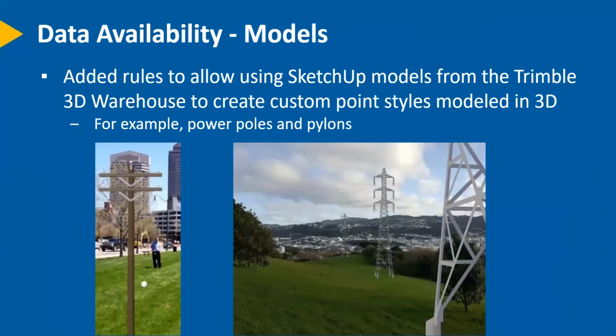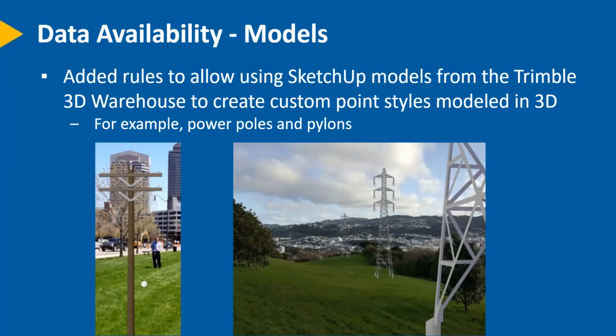Other things, like maybe your data set represents a utility like electric power poles. In your data, all you have is a northing, easting, or lat long, and what you'd like to represent in the field is a model of a power pole, so it looks like a power pole and not a dot on the ground. Something like Trimble SiteVision can take a mapping between a feature type and a SketchUp model or a 3D model that's been created, whether in SketchUp or elsewhere, and then stored into what we call the 3D Warehouse.